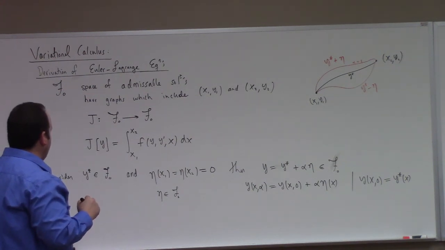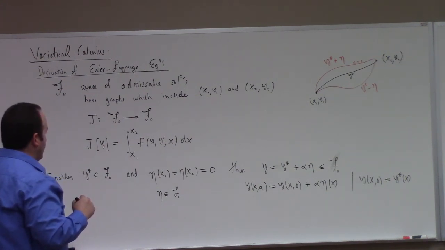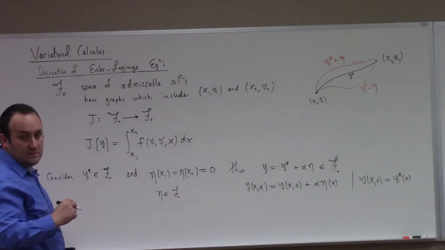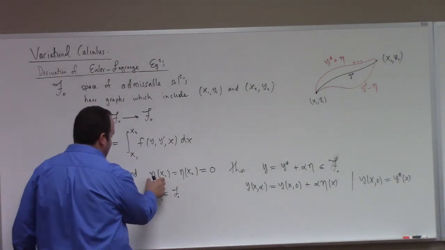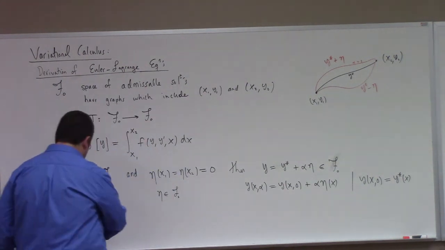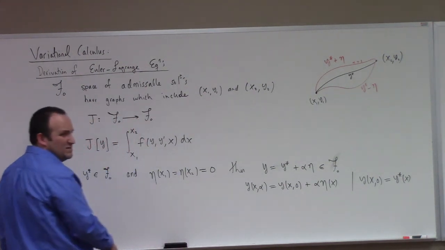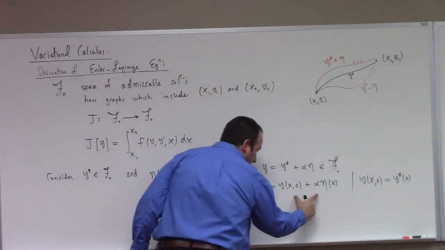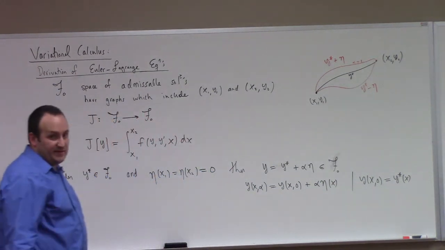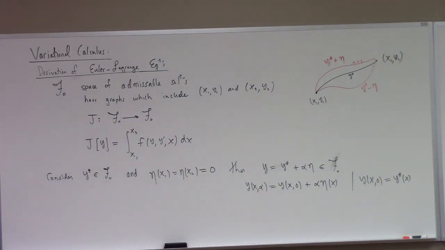No, I don't think it does. It has to have eta of x1 is 0, eta of x2 is 0. So no, it's not in there. But this y of x comma alpha is in there for any choice of alpha, because we're considering eta to be vanishing at the endpoints.